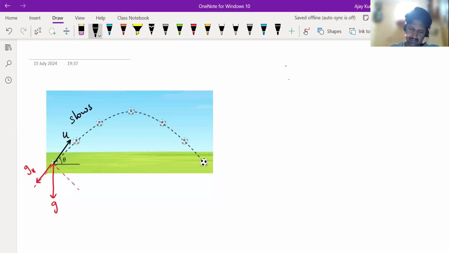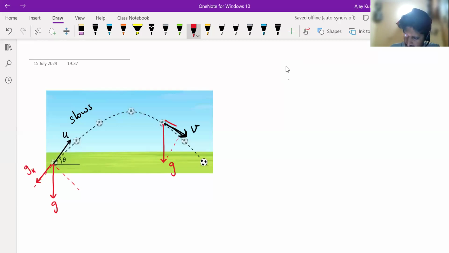And then during descent, you consider a random instant on the right side, maybe somewhere here. Let's say the velocity is v, some random velocity, and gravity will be vertically downward, as always. Now you take the component of gravity along the line of velocity.